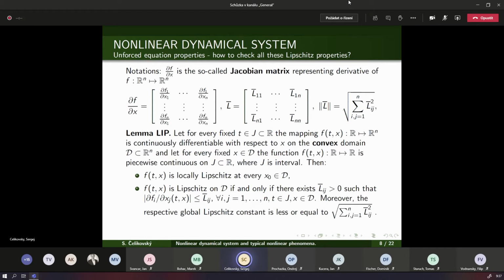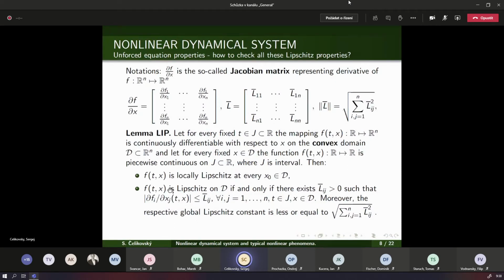So something in between differentiability and continuity. If you read carefully all these assumptions, basically we assume just that on some domain it is differentiable, and then we claim that this means that automatically it is locally Lipschitz at every x0 from D.